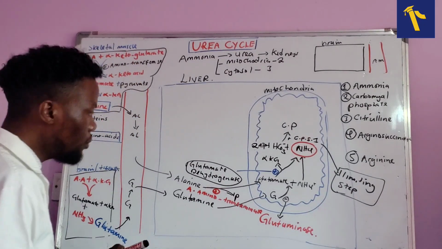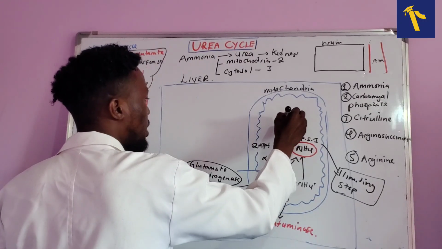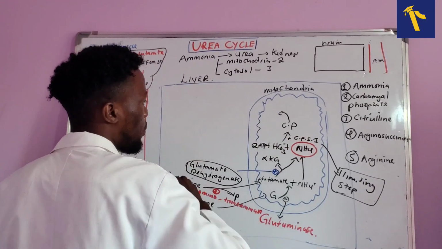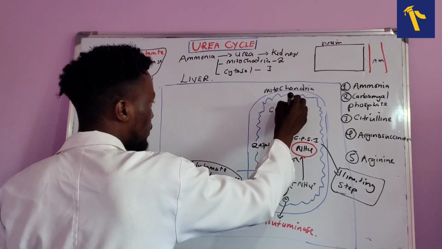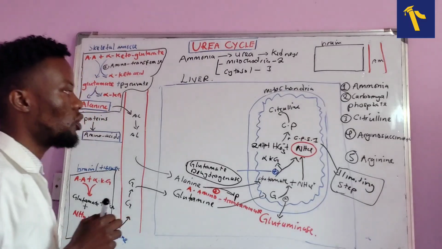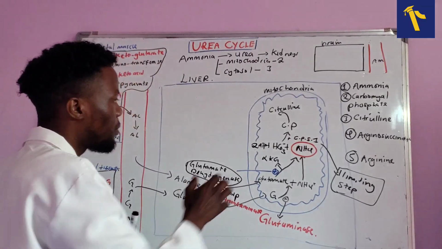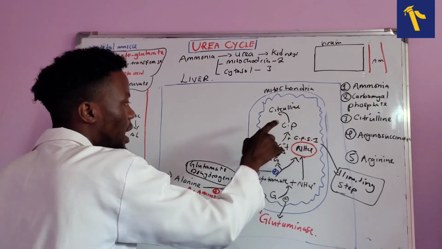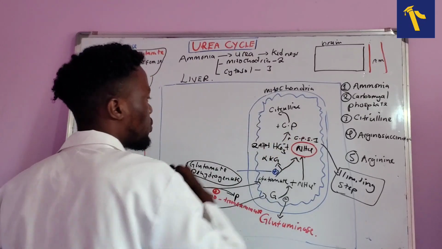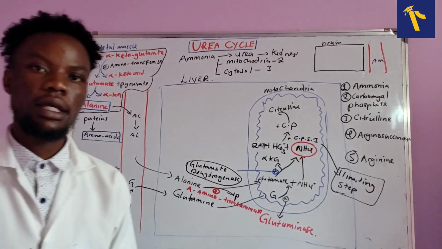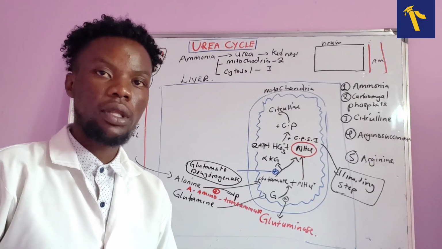Now, this CP is going to be converted into something within the mitochondria. What did we say? It's going to be converted into citrulline. But this CP, carbamoyl phosphate, has to combine with something, because it isn't just going to be converted into citrulline on its own.